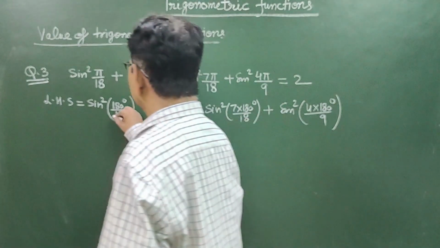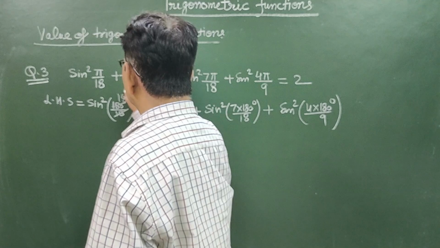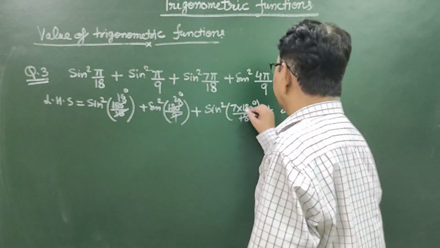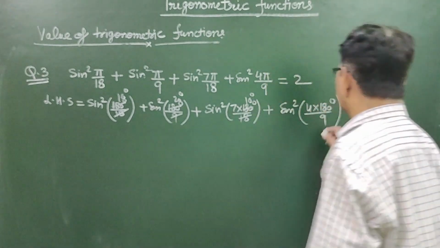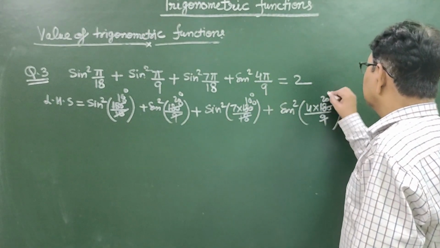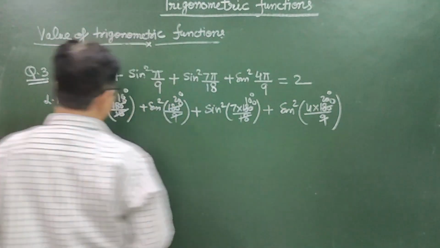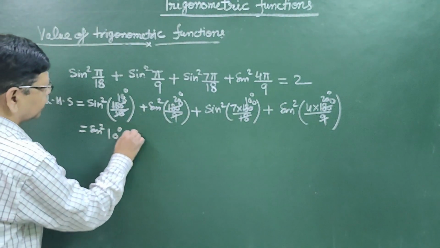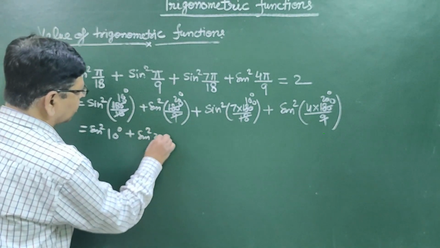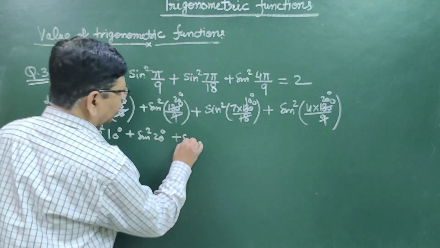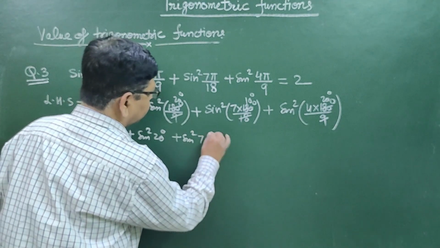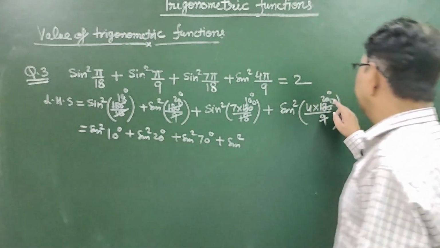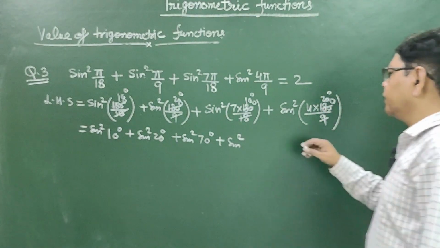Now 18 cancels 10 times and 9 cancels 20 times, and 18 cancels 10 times again, so this will be 70 degree. So we get sin square 10 degree, sin square 20 degree, sin square 70 degree plus sin square 20 into 4, that is 80 degree.